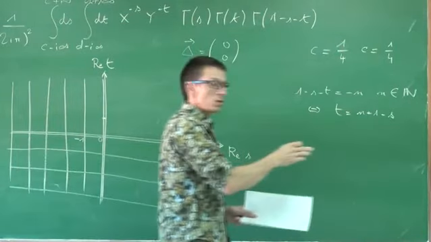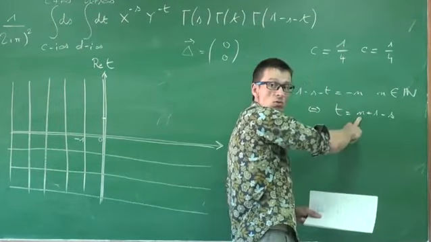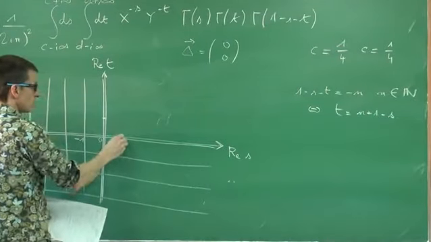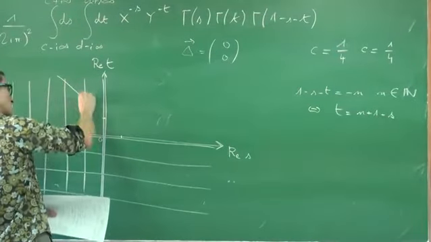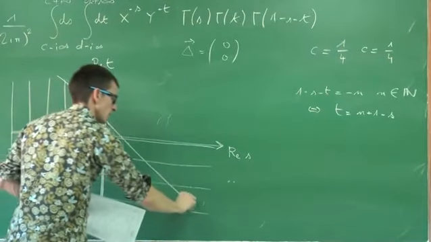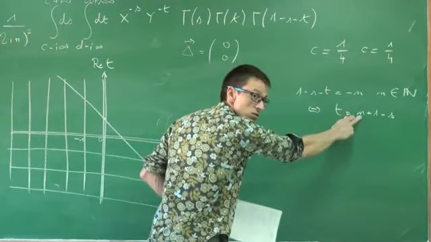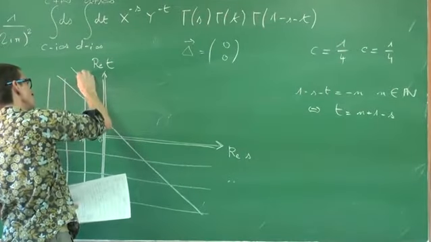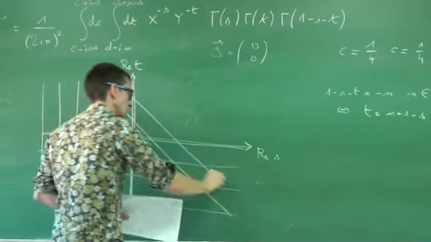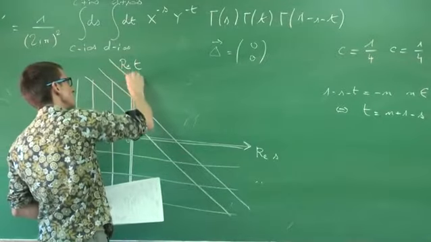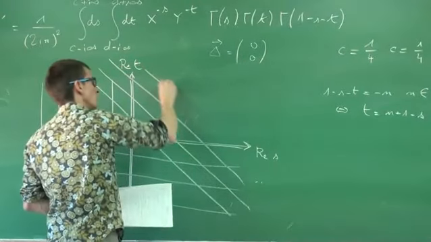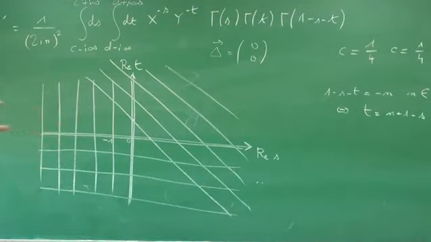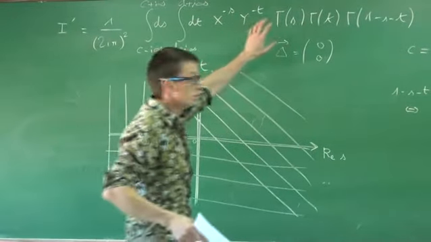When S equals 1, in case N equals 0, T equals 0. Okay, so this is here. So we have a straight line like this. And in the N equals 1 case, the straight line is here. Okay, etc., etc., etc.